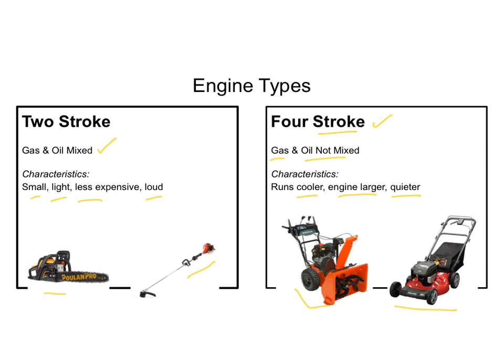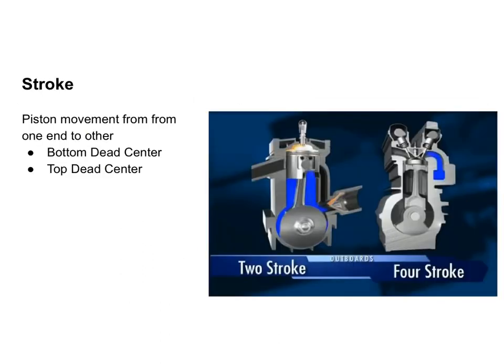Next, we're going to talk about what I mean by stroke, four-stroke and two-stroke. When I'm talking about stroke, I'm talking about the movement of a piston. Both a four-stroke engine and a two-stroke engine have a piston, and that piston moves up and down.